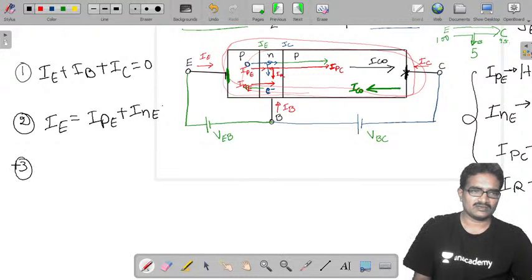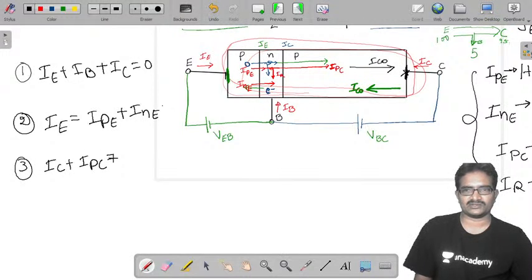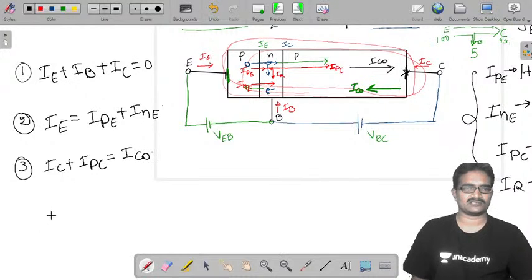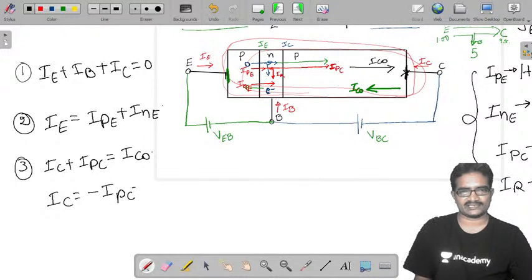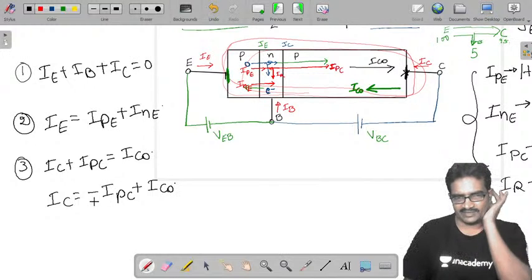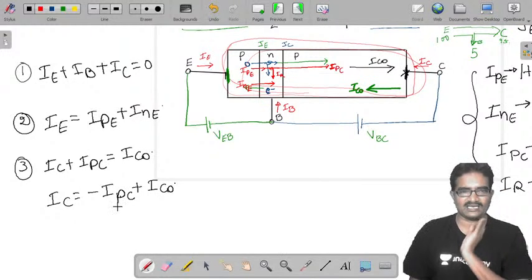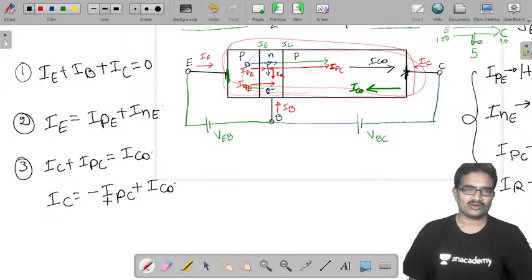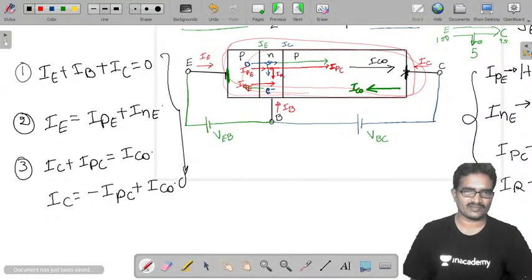Therefore the third one is IC plus IPC equals IC naught. Therefore IC is minus IPC plus IC naught. Okay, these are the main components. You should be thorough with this.